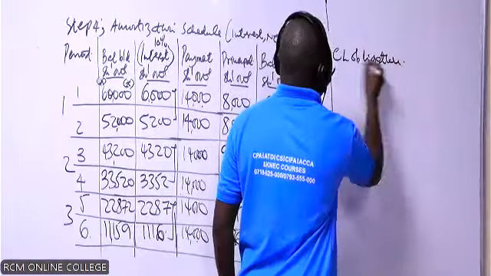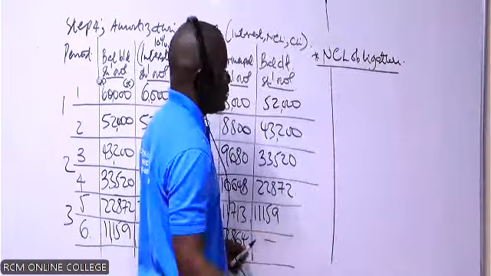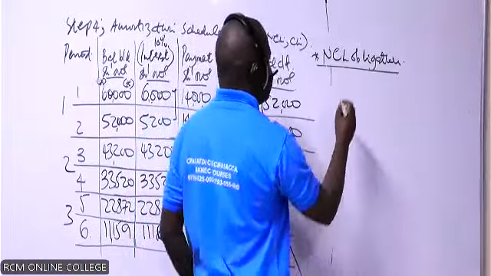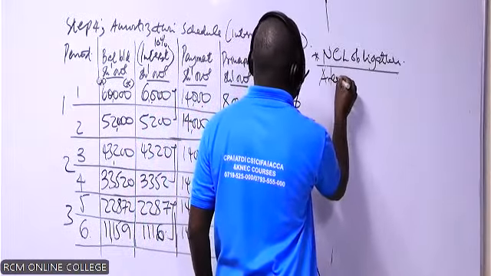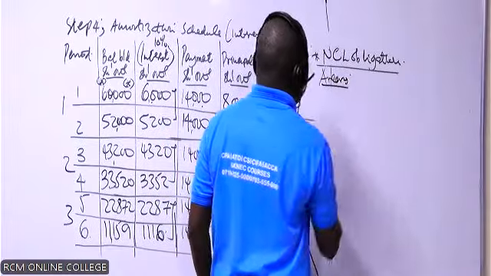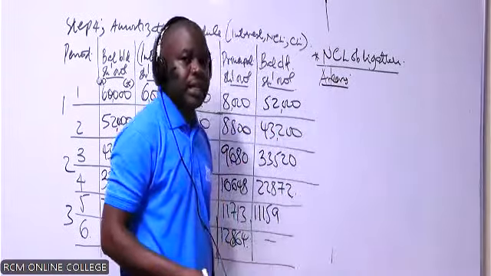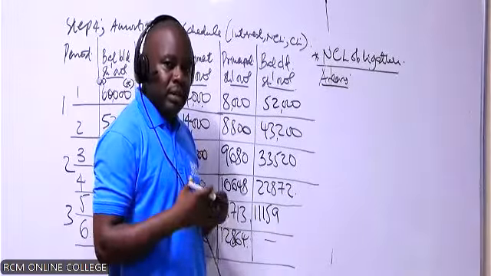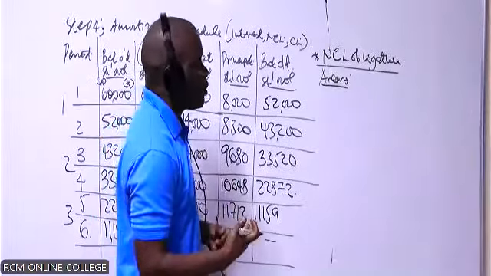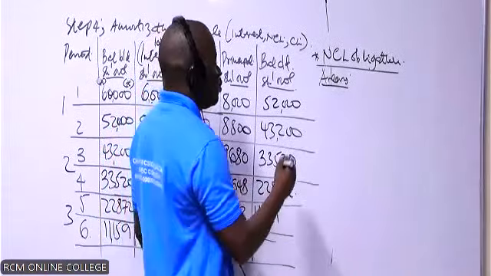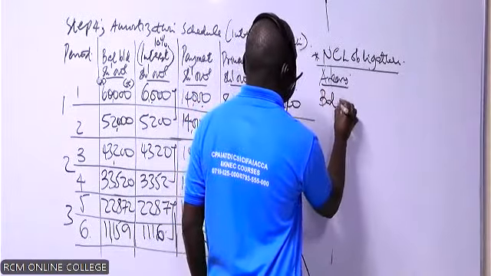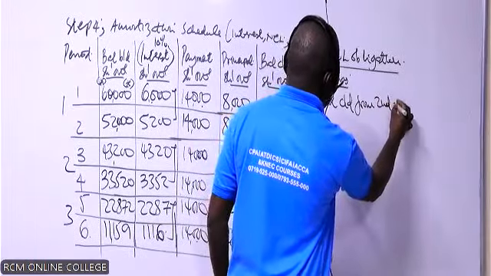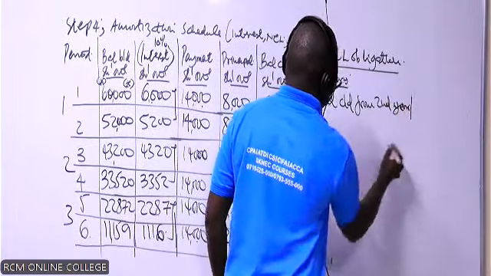Remember, these are lease payments in arrears. So for the NCL obligation under the lease, the non-current liability that will have to be settled by this lessee each and every year on this lease, you'll pick the balance carried down from the second year, or you can say the subsequent year.